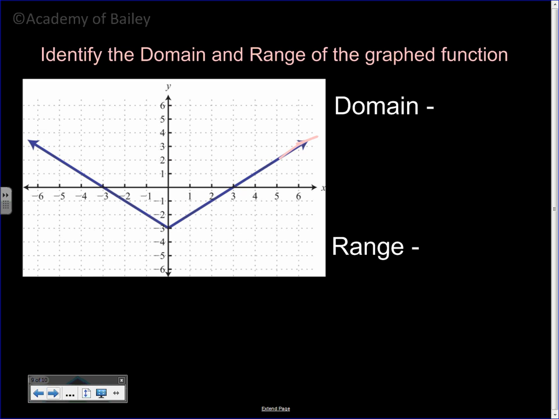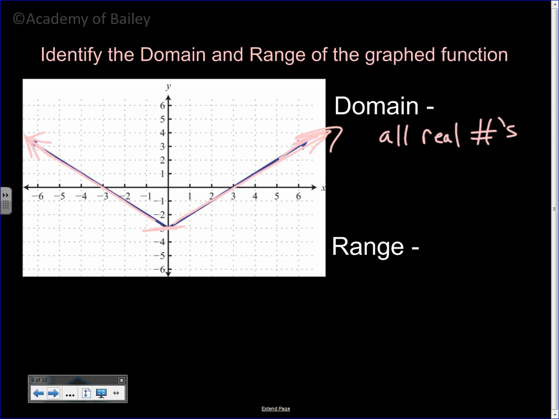If I'm looking, it points towards positive infinity and it points towards negative infinity. That's left and right because I'm dealing with domain first. So once again, this is a super easy one that says all real numbers for the domain. Now the range is a little bit different because the lowest y value is -3, and it keeps going up in both directions.